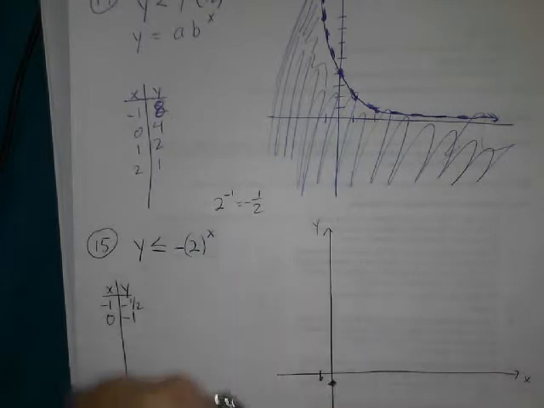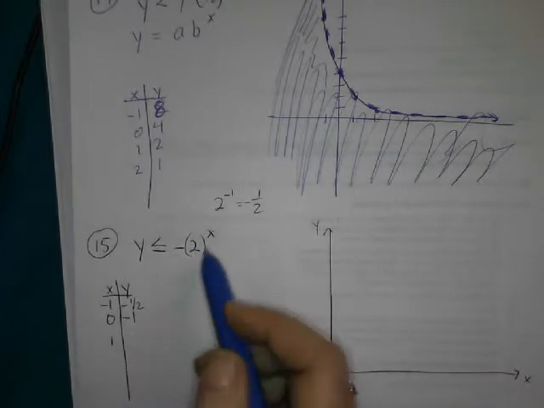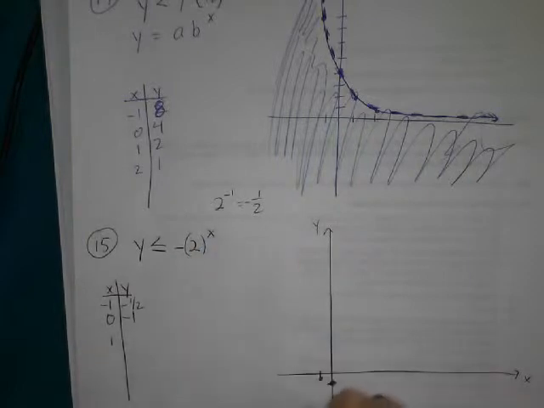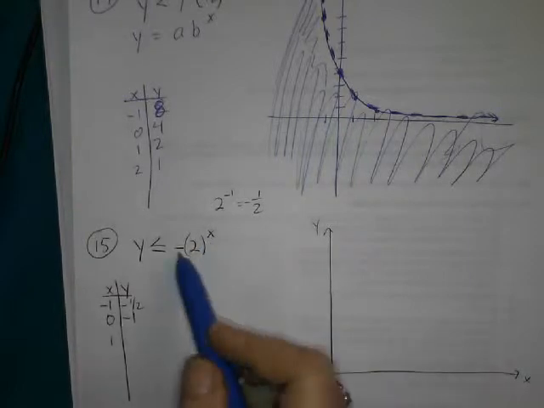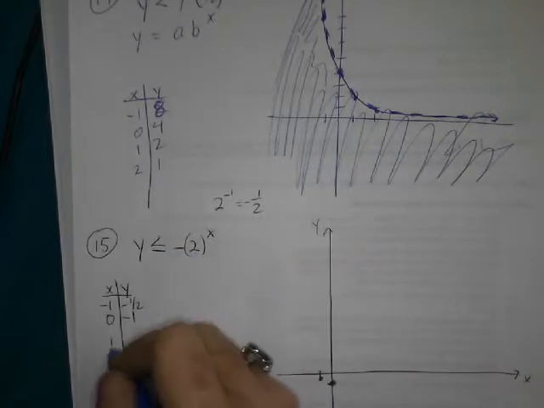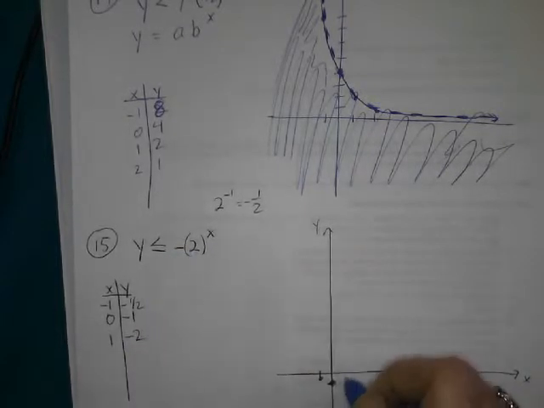Now let's do some bigger, easier numbers, like 1. 2 to the 1 is 2, but that negative sign turns it into -2. Okay, so 1, -2.